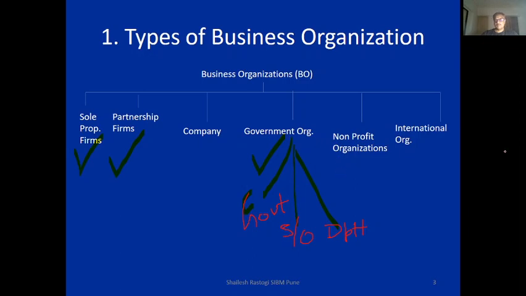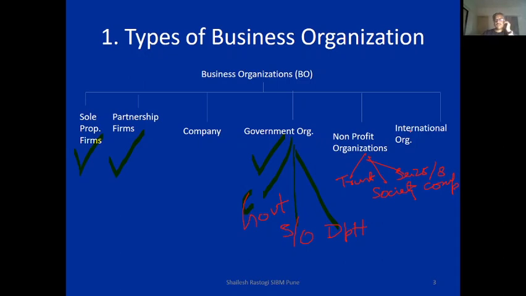Then we have got NPOs. NPOs can also be of three types. NPO can be a trust, it can be a society, and then we have got something known as Section 25 or Section 8 company.